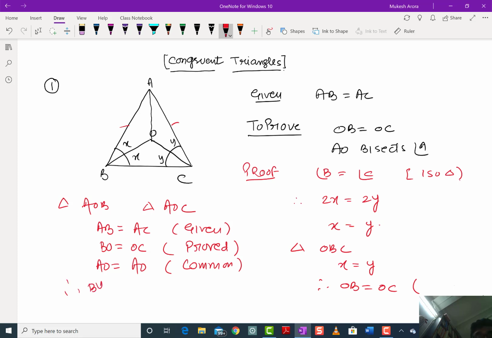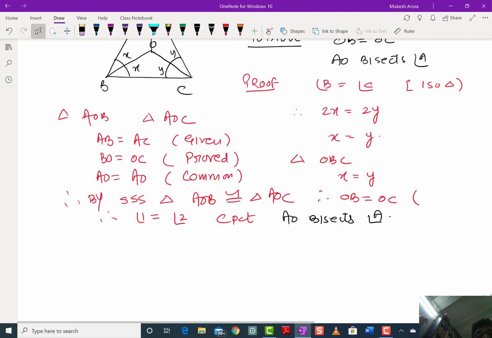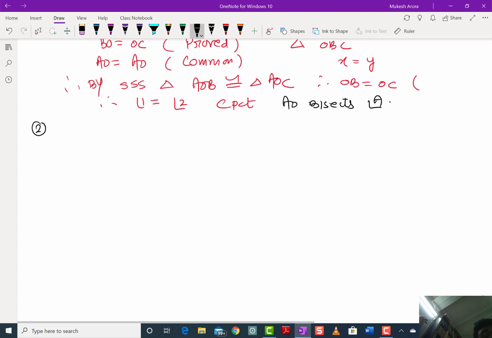Therefore, by SSS, triangle AOB is congruent to triangle AOC. Therefore, angle 1 is equal to angle 2, by CPCT, or we can say AO bisects angle A.